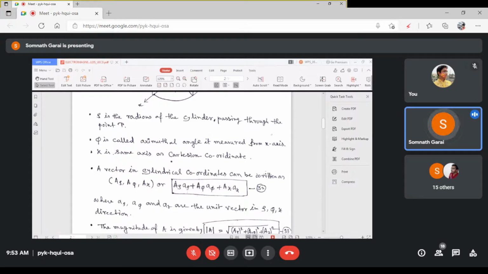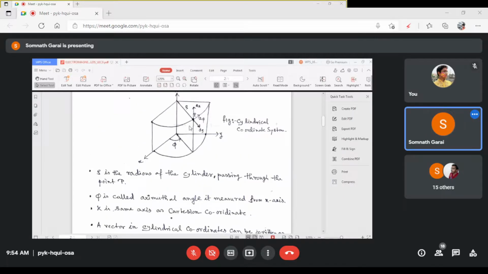So capital A rho, capital A phi, and capital A z are the magnitude components, and small a rho, small a phi, and small a z are the unit vectors of those directions.